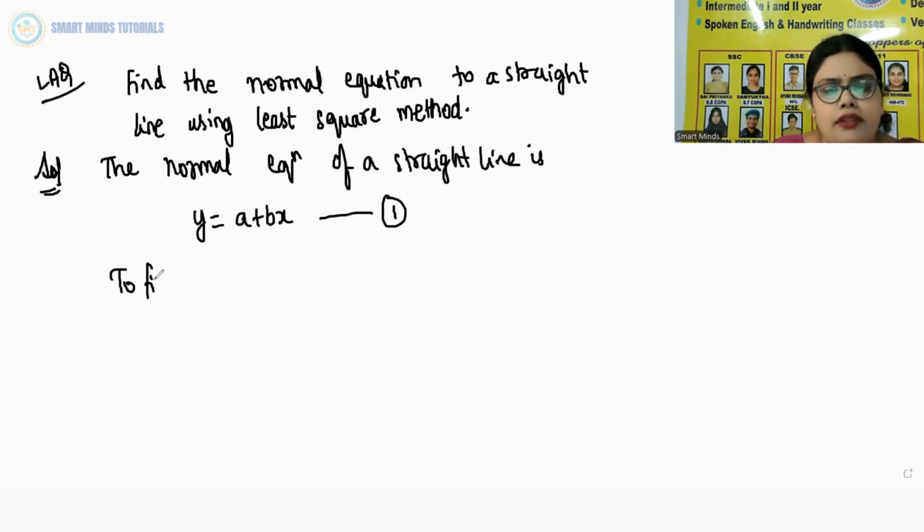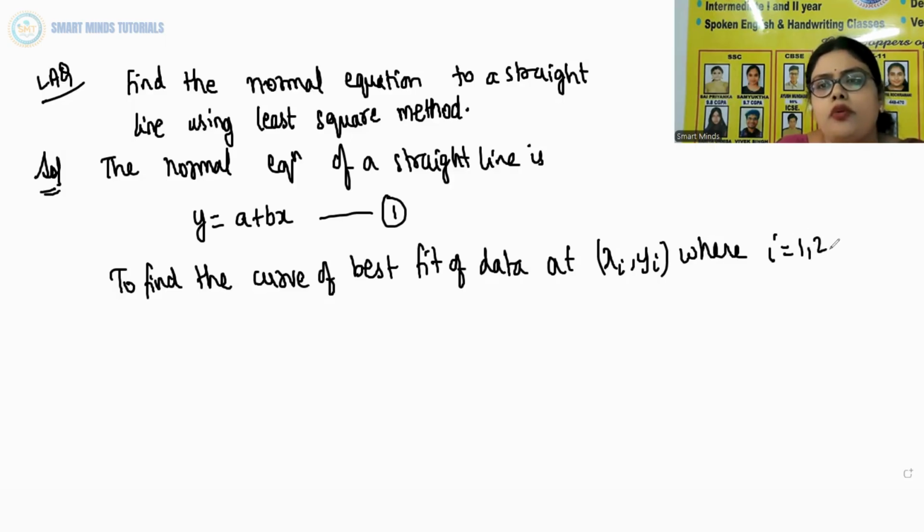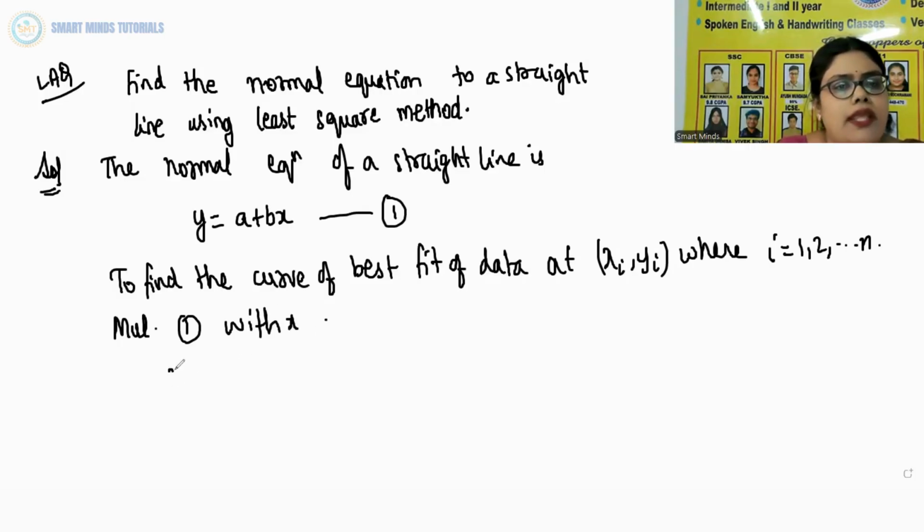Now to find the curve of best fit of data at a point (xi, yi), where i takes values 1 to n. Now multiplying equation number 1 with x, what do you get? xy = ax + bx².